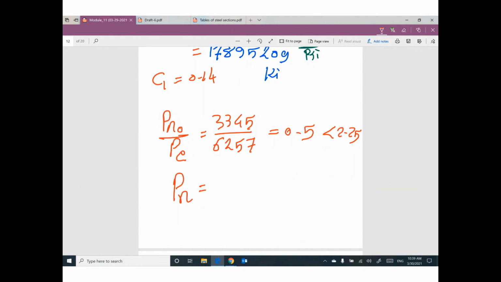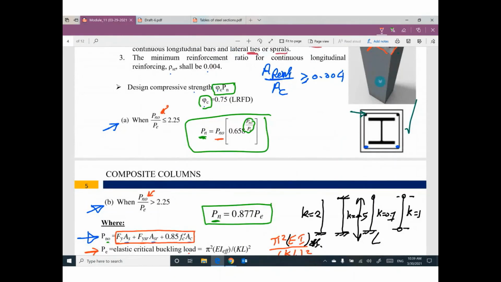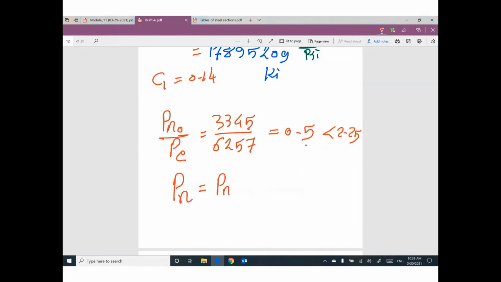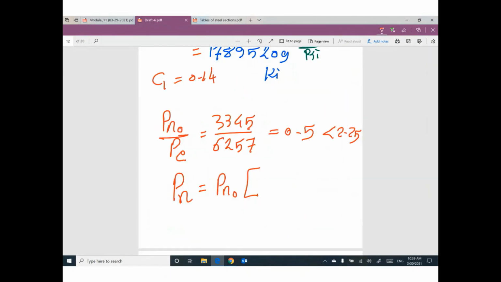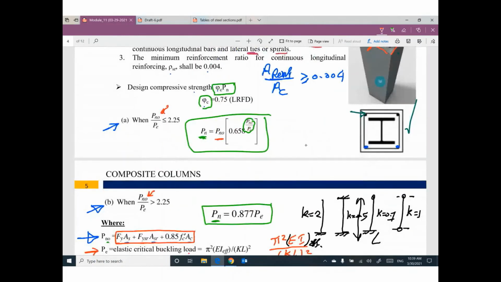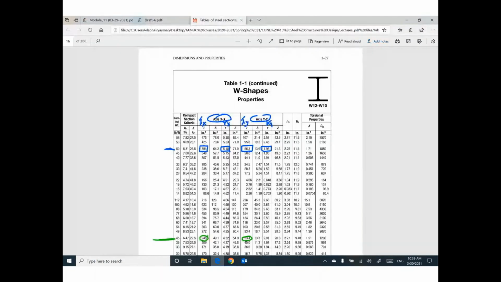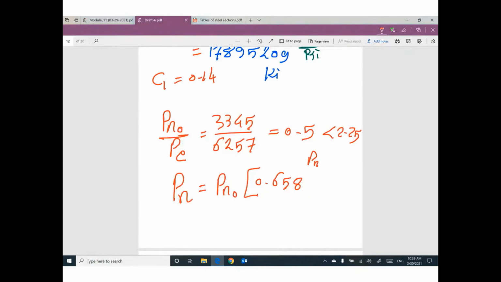So Pn equals this equation. Pn naught, then 0.658 to power Pn naught divided by Pe. There you go.